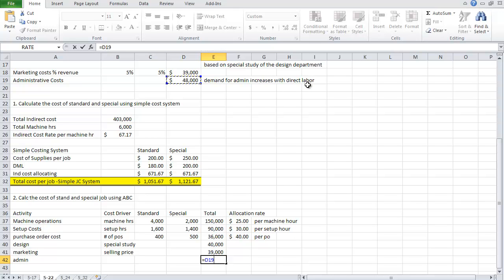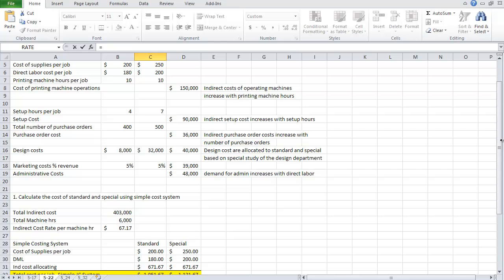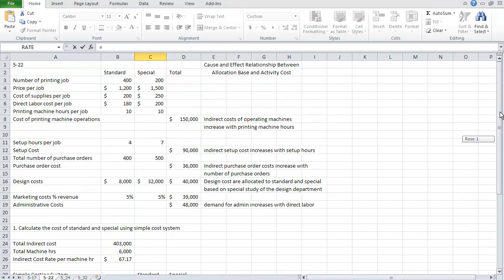So let's go take a look at that. So this is direct labor costs. Let's see what we have. So in this particular thing, let's see what we're told here.